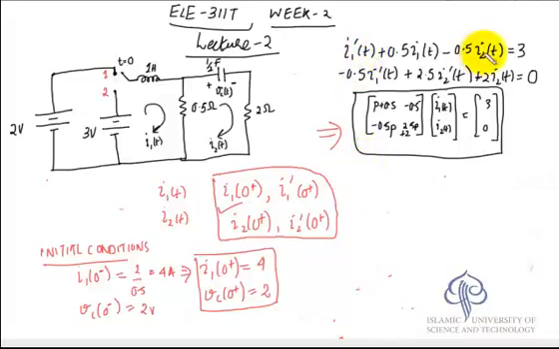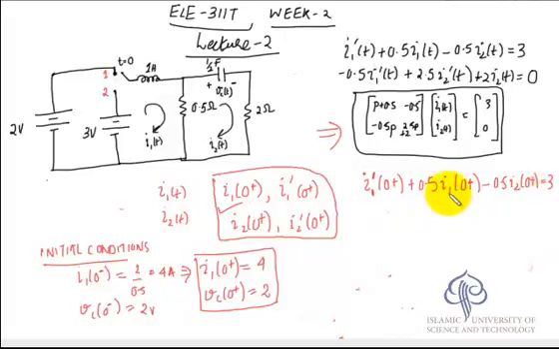Let us write down the first differential equation for the 0+ condition. So you have I1'(0+) + 0.5 I1(0+) - 0.5 I2(0+) = 3.